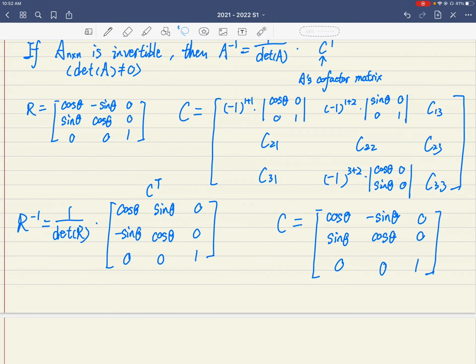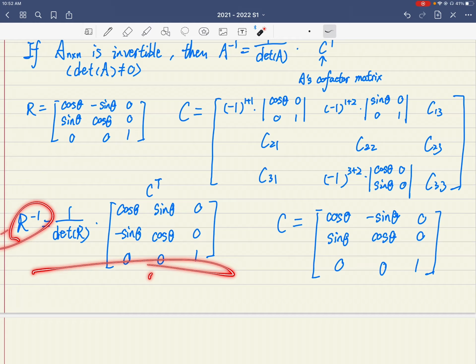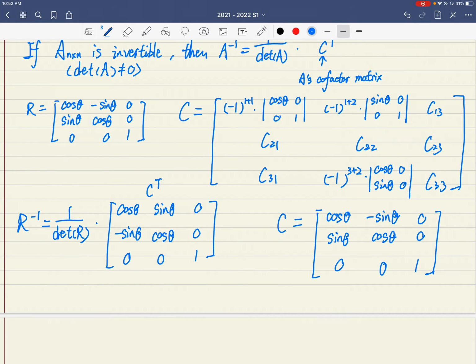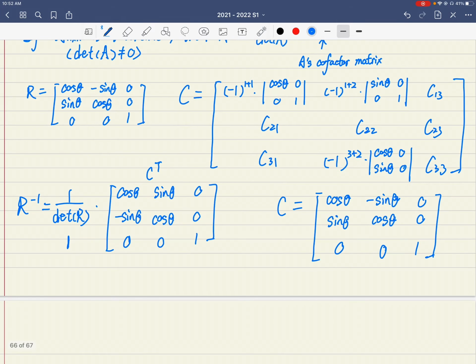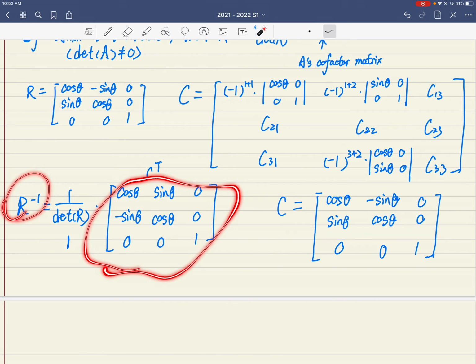So you can see here, the difference is very subtle. Here it's sine, here it's negative sine, here it's sine, here it's negative sine. So you must transpose C. That is the formula for the inverse. Here is the last step. The determinant is just 1. So R inverse is equal to this matrix.